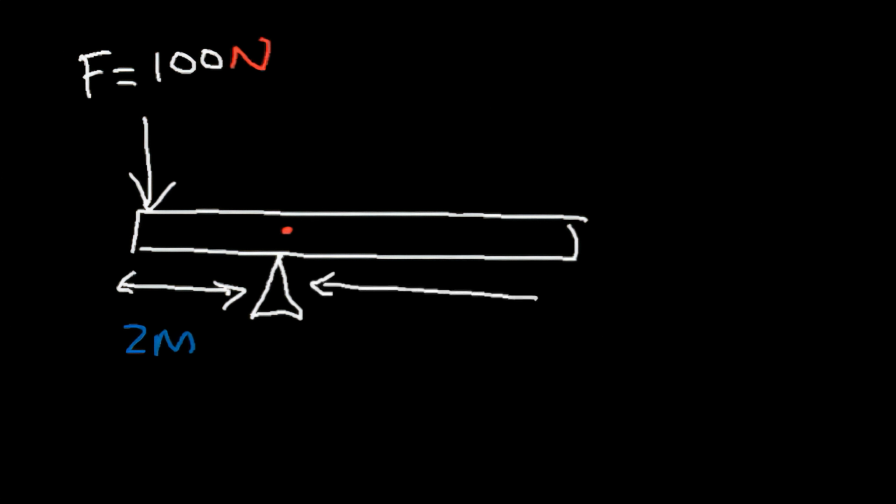And let's say this distance is 6 meters. So if we apply a downward force, what upward force will be created at this point as we exert a downward force of 100 newtons?